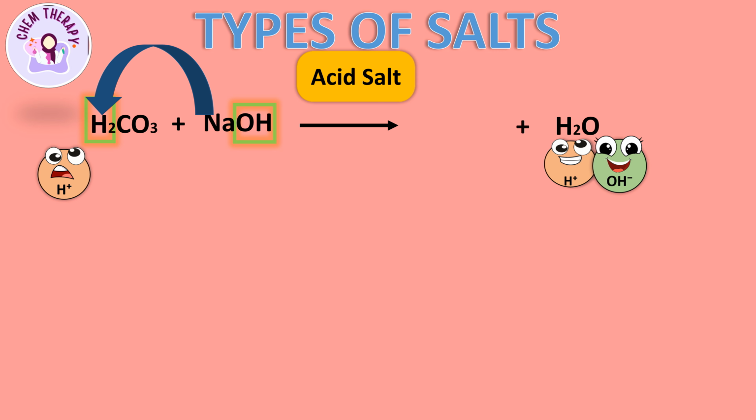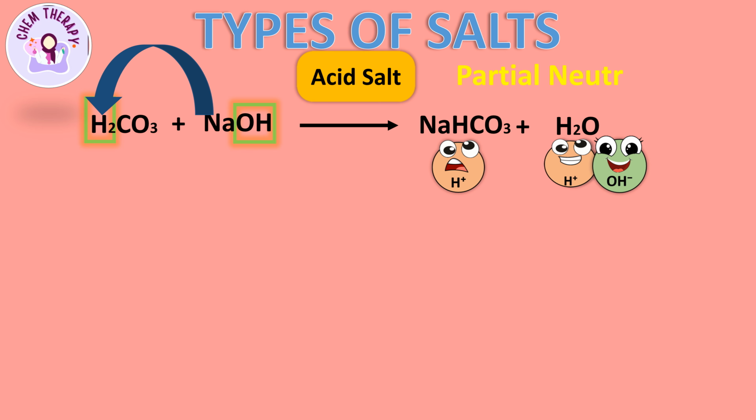Sodium ion of base replaces only 1 hydrogen of acid, and 1 hydrogen is still left, and that leftover hydrogen becomes part of salt. As this salt is formed as a result of partial neutralization, it still contains a replaceable hydrogen. So, due to the presence of this replaceable hydrogen, this salt is acidic in nature.